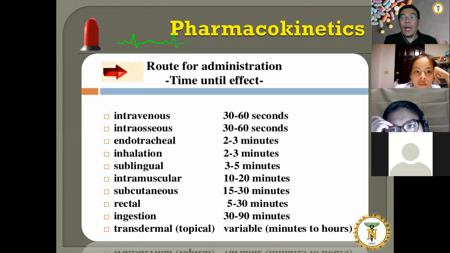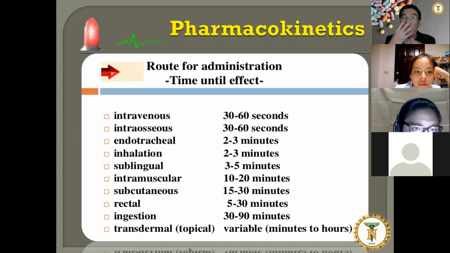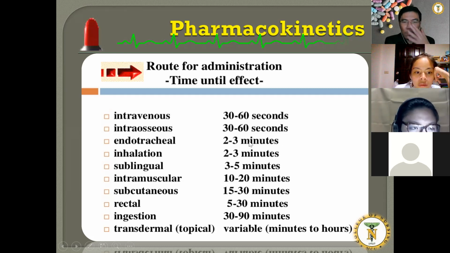So there are drugs that are given via endotracheal, usually anesthesia. Anesthesia may be given endotracheal. Inhalation, anesthesia can also be given via the mask. Okay? So that will take effect in 2 to 3 minutes.